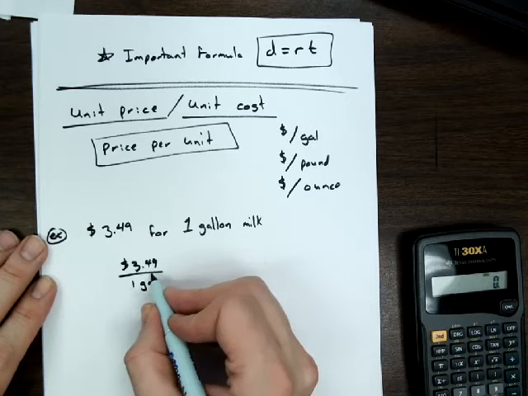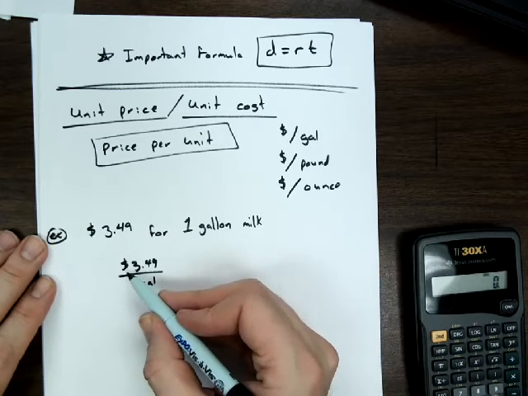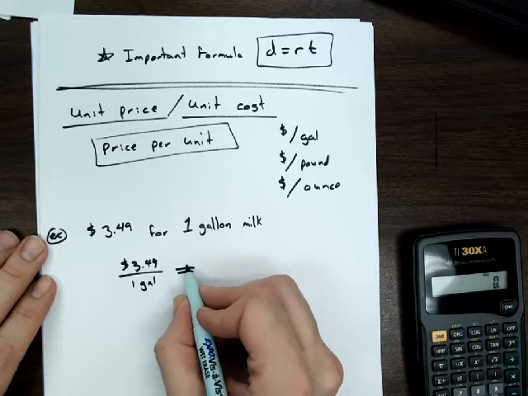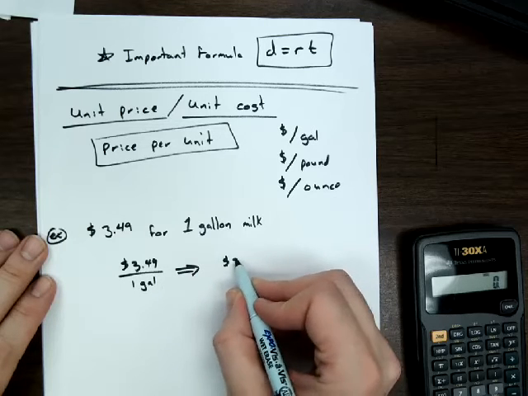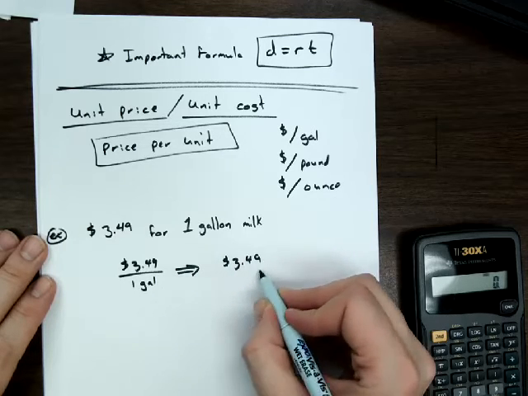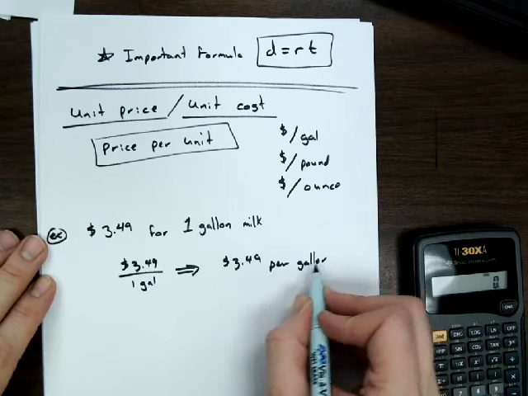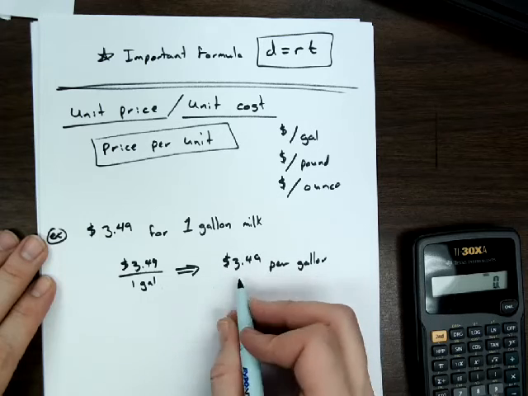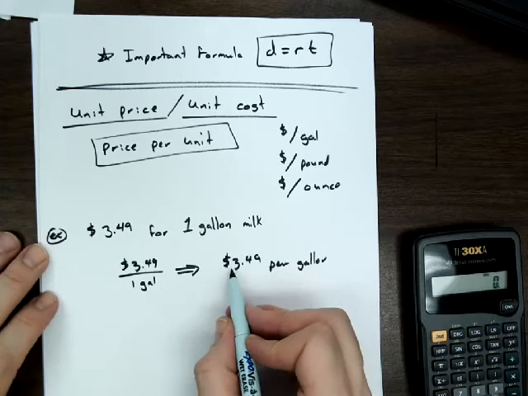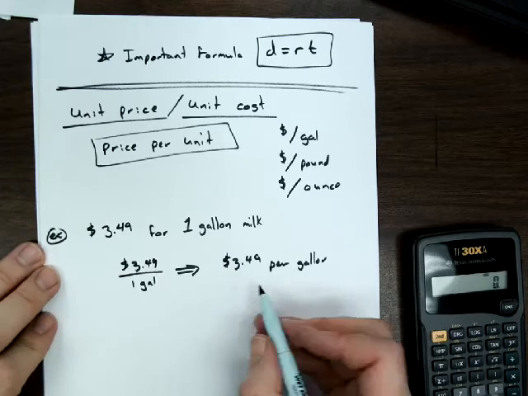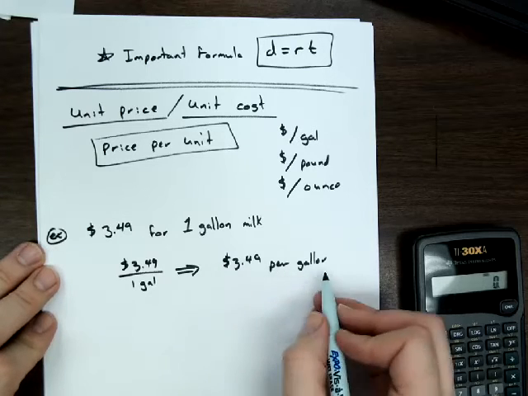We've got both of our units here, and dividing by 1 is the simplest thing. This is just going to be $3.49 per gallon. Dollars work a little differently because they are attached to the front, so this actually does include both of our units.